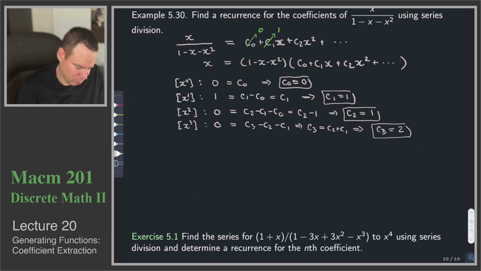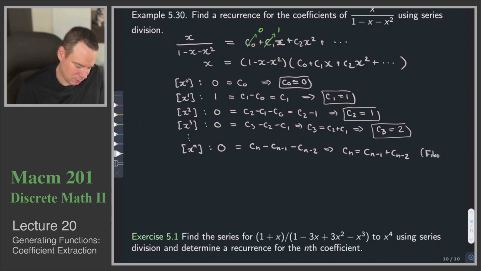But it tells me a little bit more than that. It was the sum of the previous 2. And in fact, in general, the coefficient of x to the n, well, on the left it's 0. On the right, it would be cn minus c(n minus 1) minus c(n minus 2). And so this tells me that cn is equal to c(n minus 1) plus c(n minus 2).